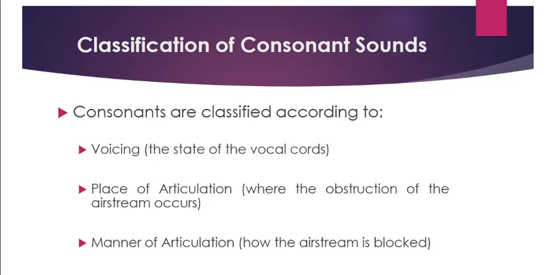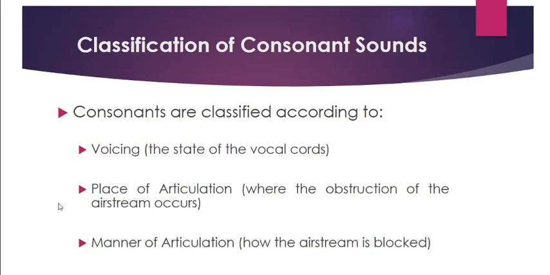There are some sounds where the only difference between them is simply the state of the vocal cords. For example, the s and z are pronounced exactly the same, except for this little feature, which is the voicing. So s is the s, z is a z. Okay, so that is the first classification.